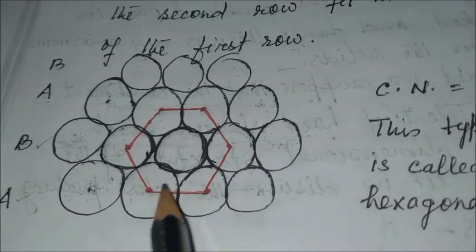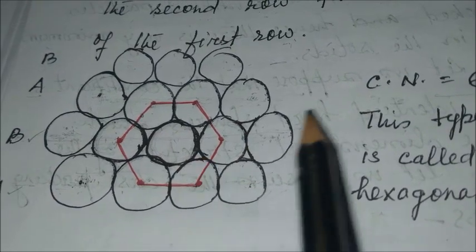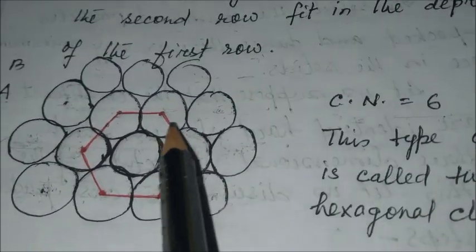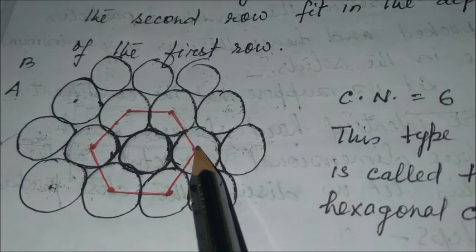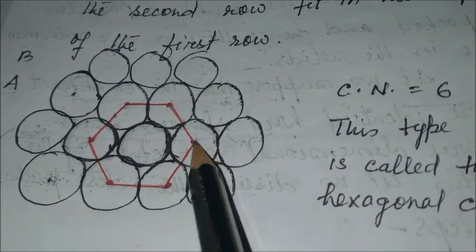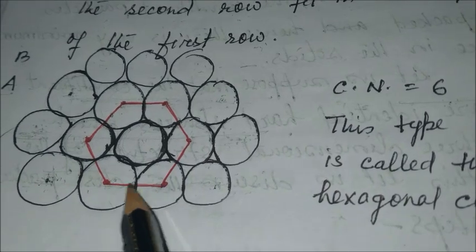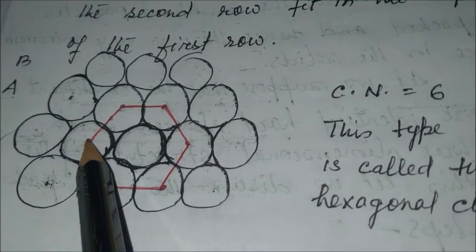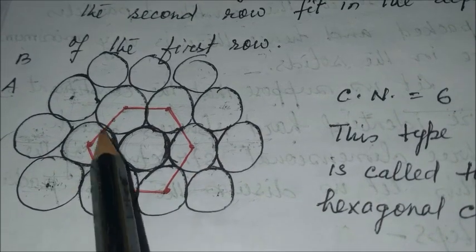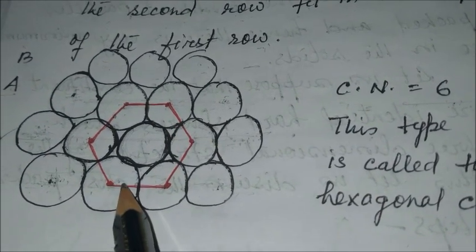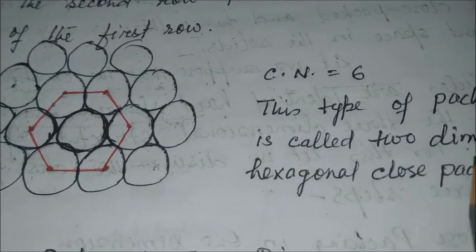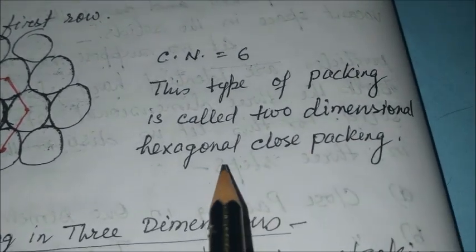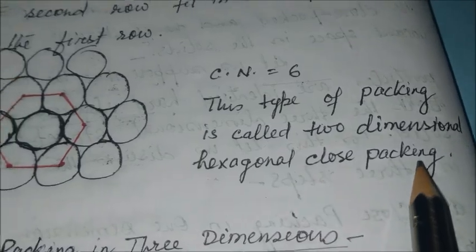Therefore the coordination number in this case is 6. Now if the centers of these 6 spheres are joined by straight lines one to another, a hexagon is formed, and therefore this type of packing is called two-dimensional hexagonal close packing.